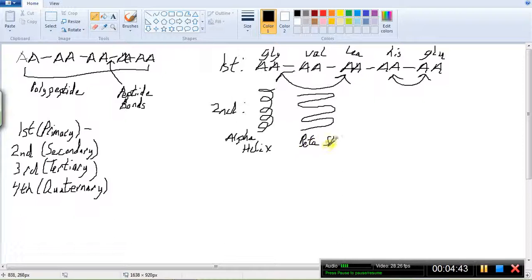This is called beta pleated sheets, or sometimes just beta sheets, and this would just be a polypeptide that has folded itself to look like this. Those are the only two secondary shapes that you need to know: proteins either fold themselves into alpha helices or beta pleated sheets.